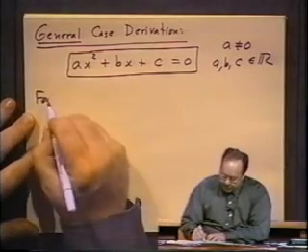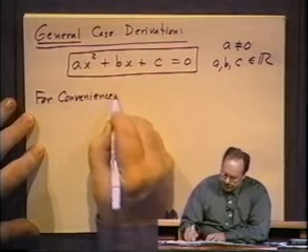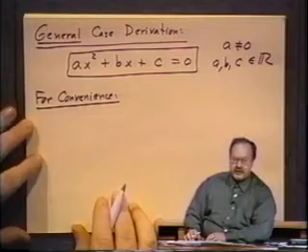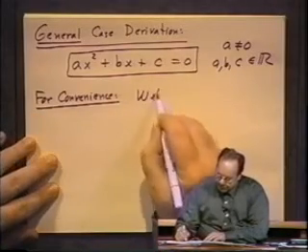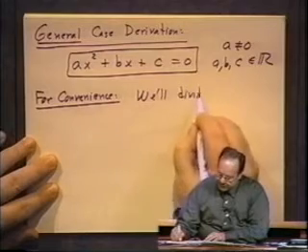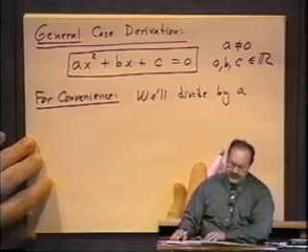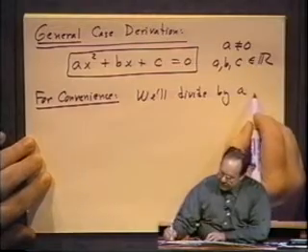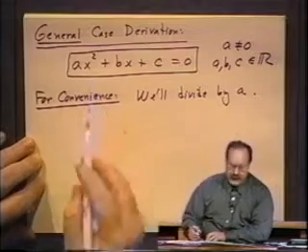Now, for convenience, and this is something we'll do later also, so it's worthwhile mentioning here, we'll divide by a. Now, a is not 0, so we can divide by a. And that will make the leading coefficient of the new quadratic into 1, because we'll divide the a out.